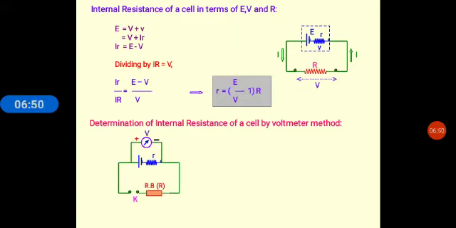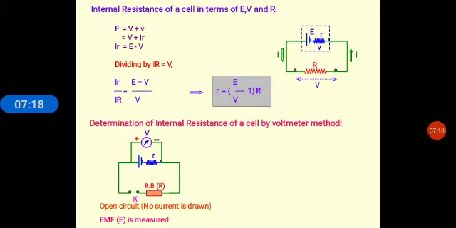Here we consider a cell having EMF E and internal resistance r. Across this combination, we'll connect one key and an external resistance box. To measure the potential across the cell, we'll connect a voltmeter across the cell. Initially, we'll keep the key open, that is, no current is flowing through the circuit.